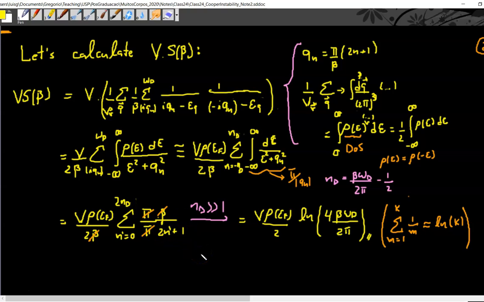So to evaluate the sum, let's call this m. So m equals 2n prime plus 1. So when n prime is 0, m equals 1.